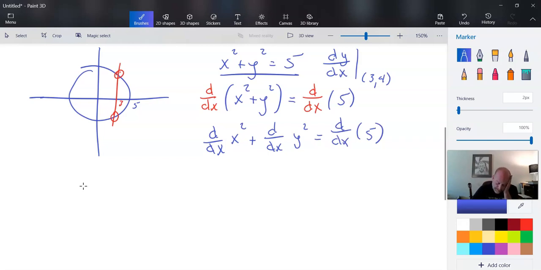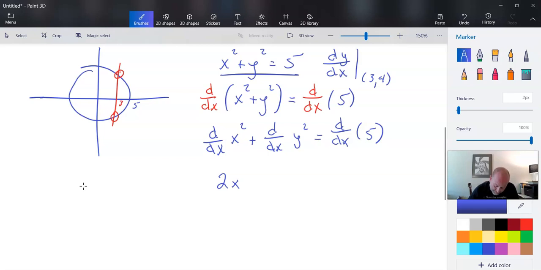Now, if I'm taking the derivative with respect to x, if that's a dx there, then I can just take a normal derivative. This term is now 2x. But if I'm taking a d/dx and it's a term with a y in it, we have to treat y as if it's a function in and of itself. So that means we need a derivative of the inside also.